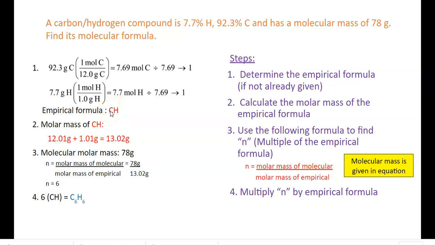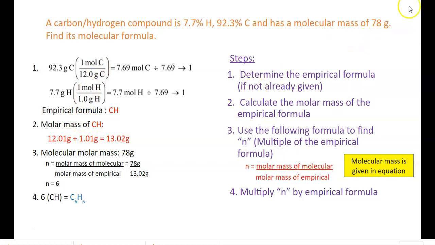Okay. Next, I need to figure out the molar mass of CH. The nice thing is I already have the molar mass of each of these because I needed them for my empirical formula. So 12.01 or 12 plus 1 is 13.02.